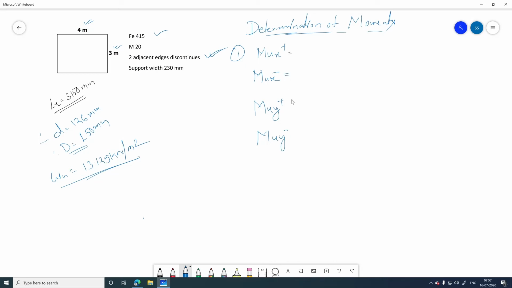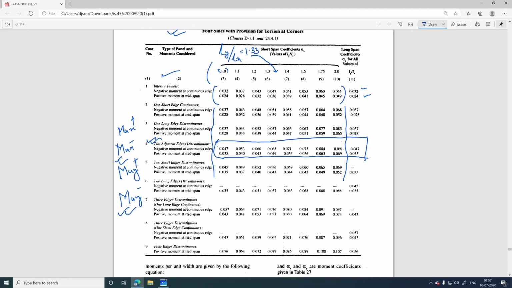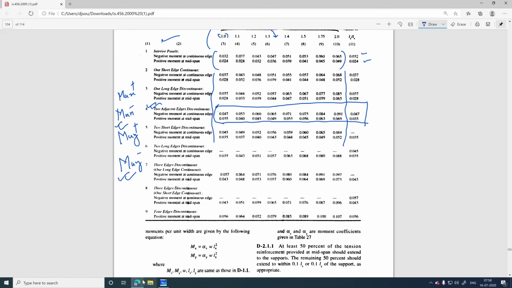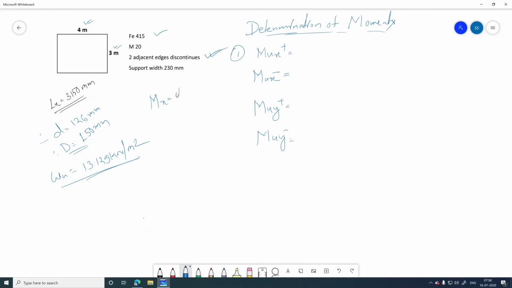Now the common formula to determine these values: Mx equals alpha x into w into lx square, and My equals alpha y into w, that is the ultimate load, into lx square. Also these two cases use lx because we are considering the shorter span, right?